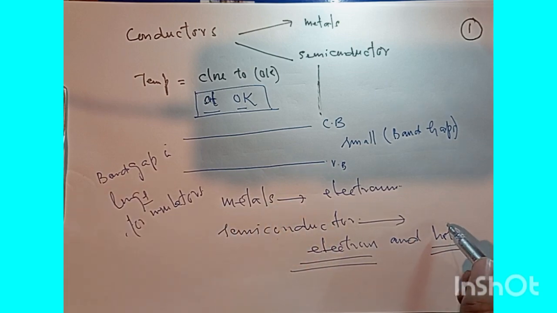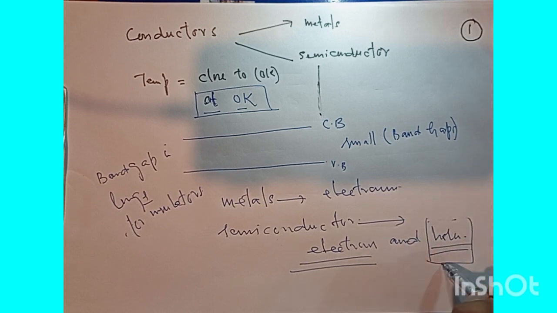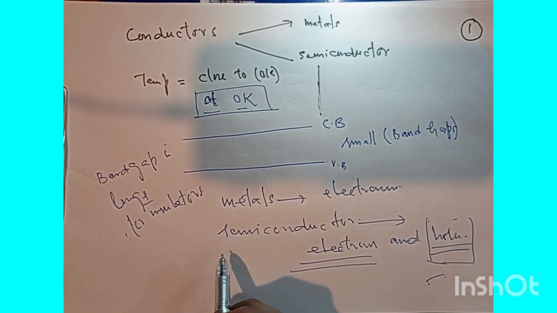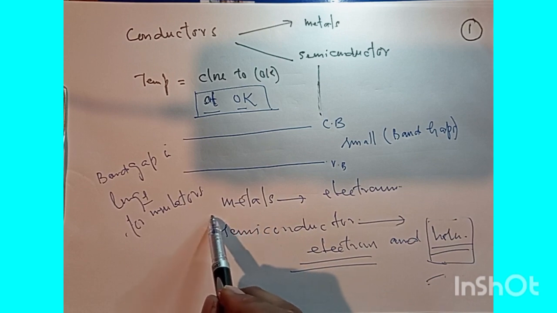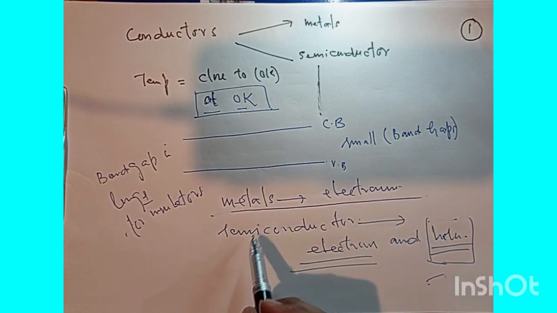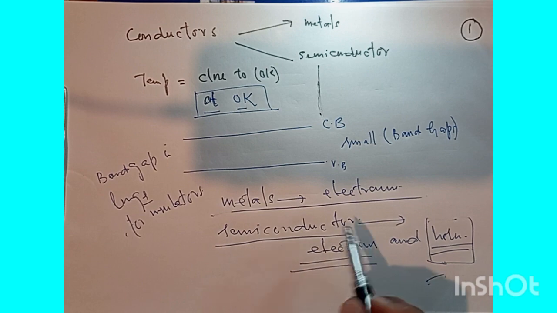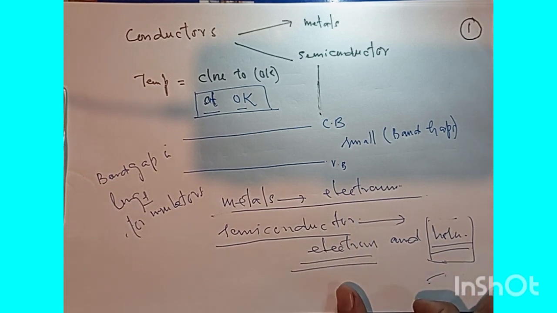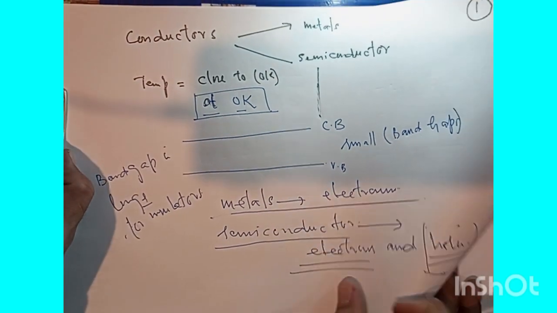So the site left inside the semiconductor by convention has a positive charge, and this positive charge is termed a hole. In metals, we have electrons as charge carriers alone, and in semiconductors, we have electrons as well as holes as charge carriers.